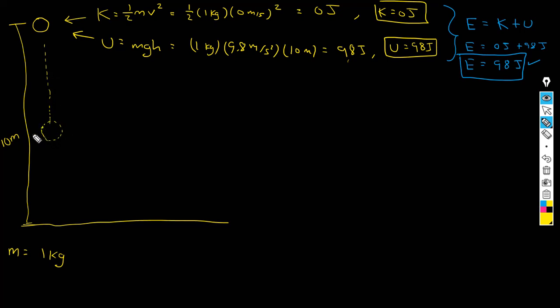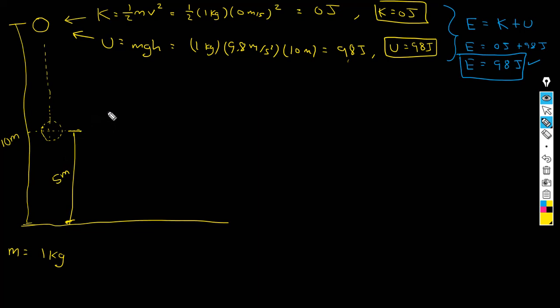The ball will remain falling down, but we want to analyze what's happening right at this position in the middle, right in the middle of the 10 meters. So now at this position, the particle has a height of 5 meters, right?